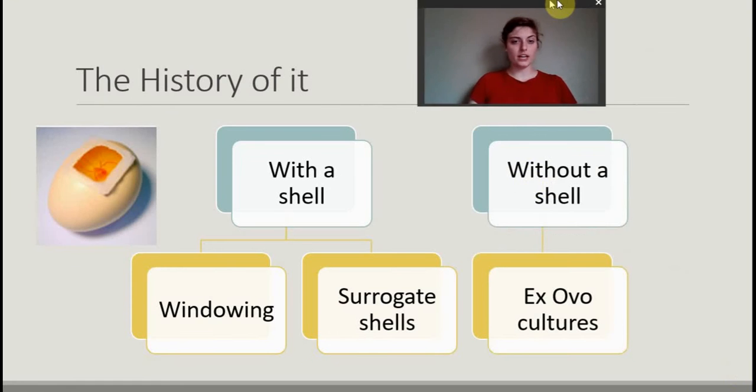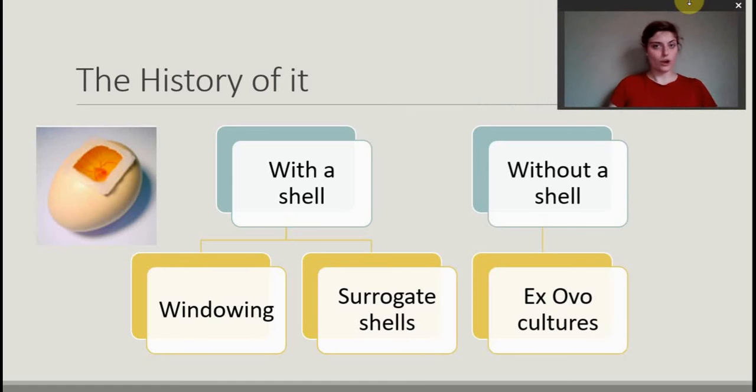The history of ex-ovo culturing goes back a long way, before ex-ovo culturing systems were even created. They started with the shell, just a regular egg that you'd get from a chicken that laid it, and they would cut a piece of the shell away to allow a window of visibility into the developing embryo.